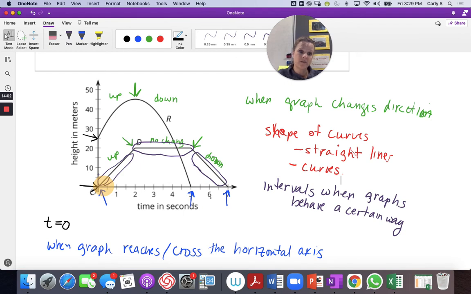Intervals when the graphs behave a certain way. And that's really it. So those are the things that we want to pay attention to. What's going on when time equals 0, when the graph reaches or crosses the horizontal axis, changes direction, the shape of the curves, and the intervals. Okay, those are all very important things.